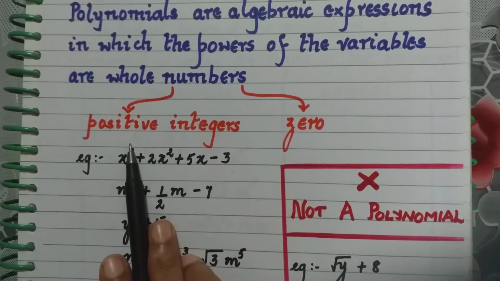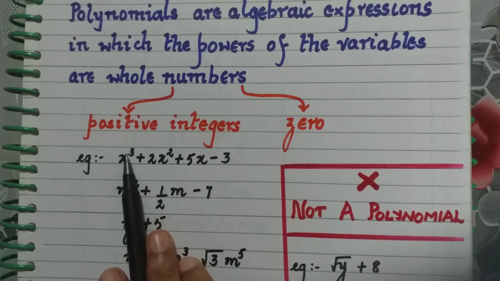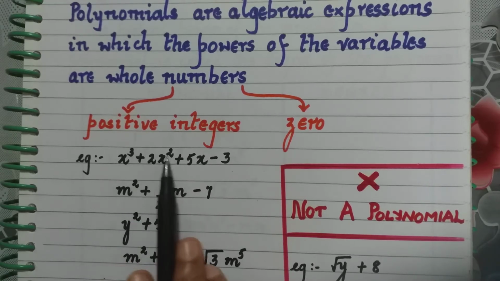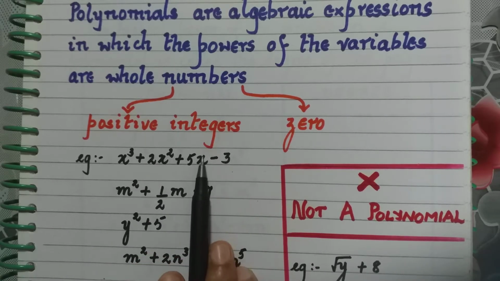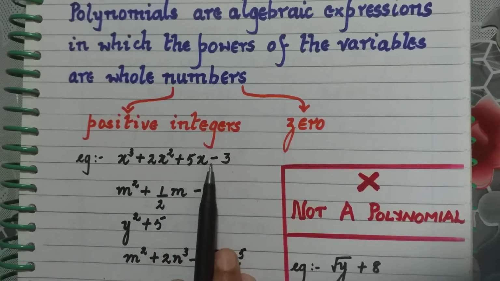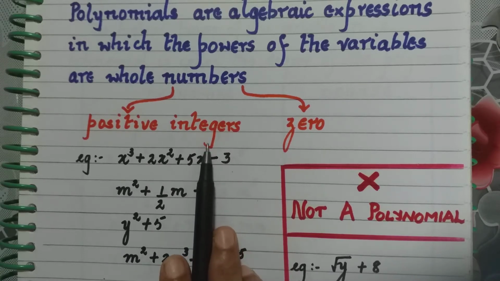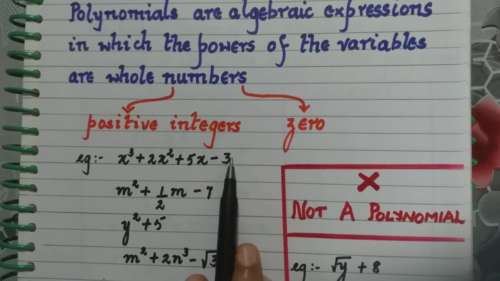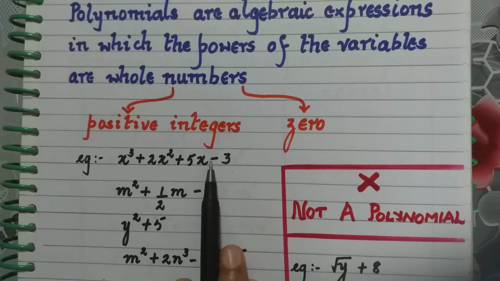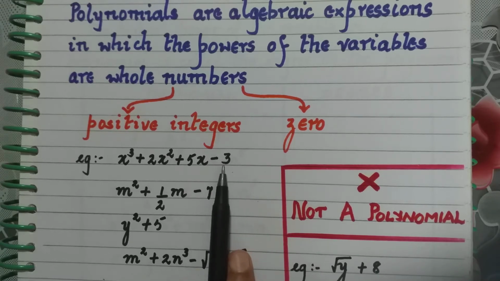In the first term, the power is 3, which is a positive power. Here 2, again a positive integer. Here, when it is only written as x, what is the power? It is 1. And if there is no x written there, what does it mean? Here I have only minus 3.